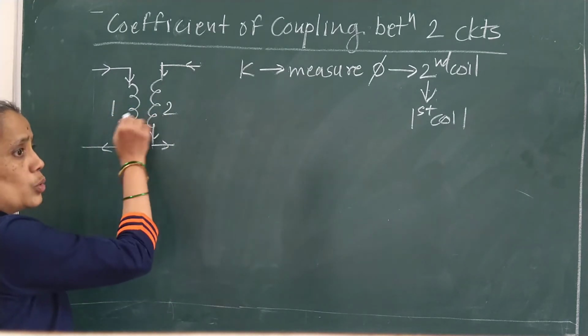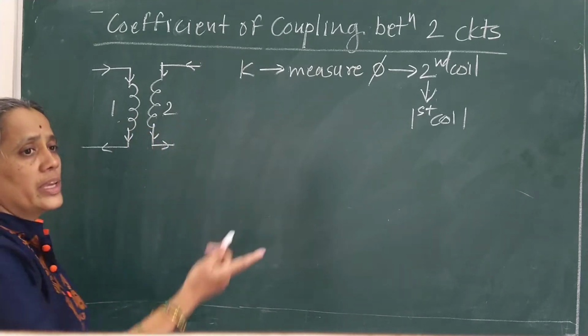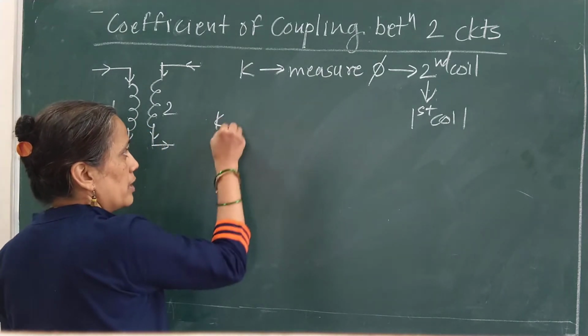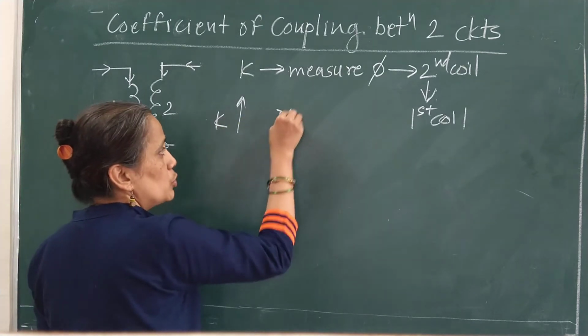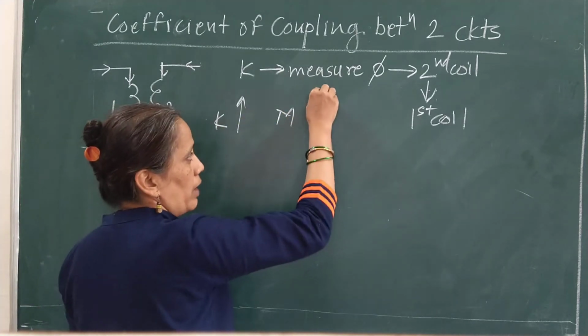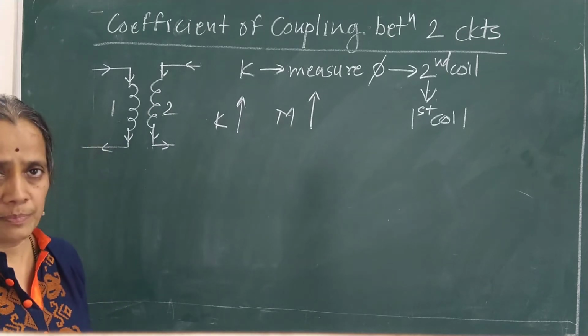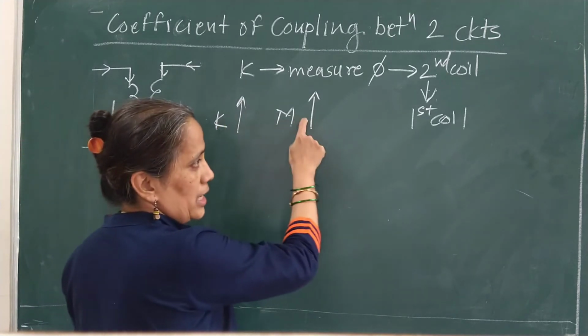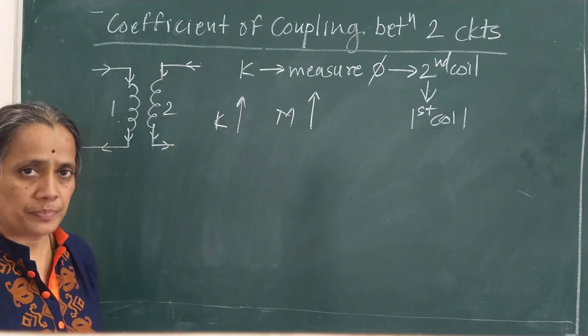Now here there are two coils, so we can find the mutual inductance. If this K value is more, the mutual induction between the coils goes on increasing. So the coefficient of coupling and mutual inductance are directly proportional to each other.